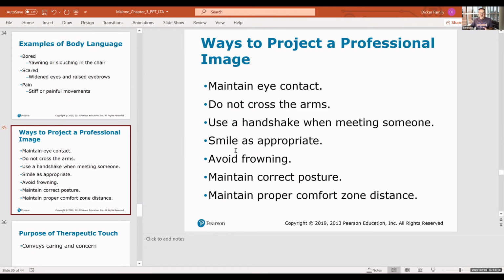Avoid frowning, maintain correct posture, and maintain a comfortable social distance. And typically I would tell you that's about arm's length, which is roughly 3 feet. So 3 feet is pretty good social distance for having a conversation that is not encroaching on somebody's personal bubble.